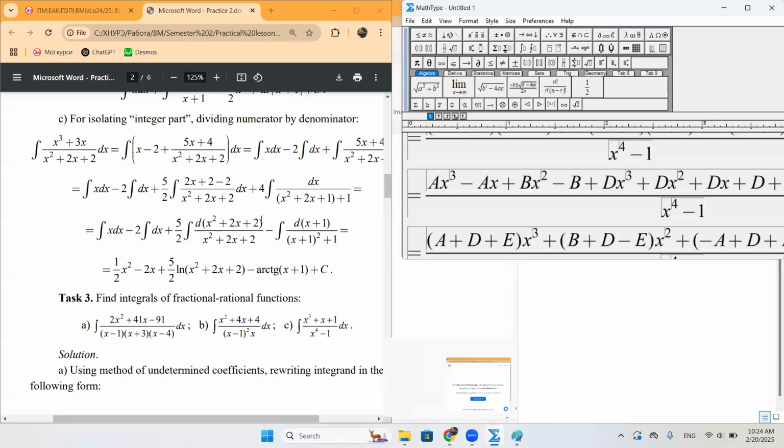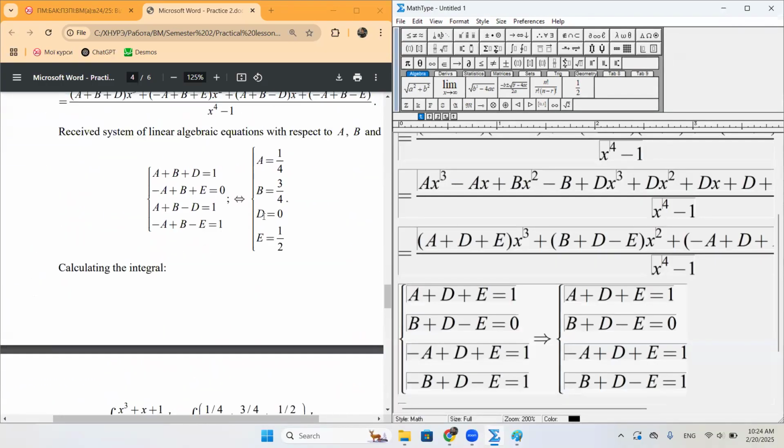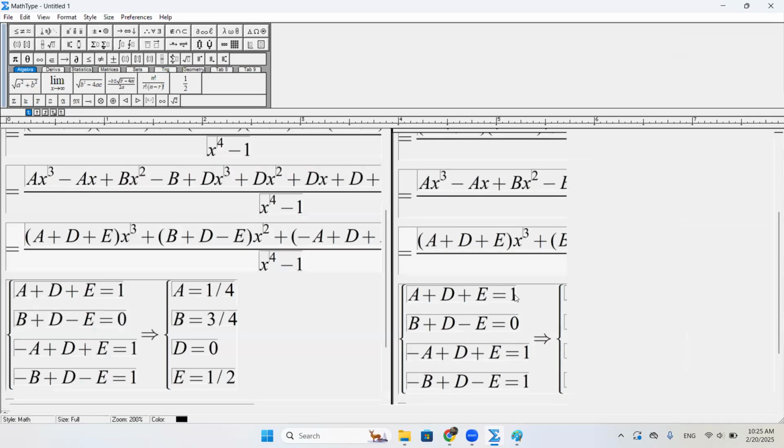So let's just look at what is written here. A equals 1 over 4. B equals 3 over 4. D equals 0. And E equals 1 second. So now let's write the integral.